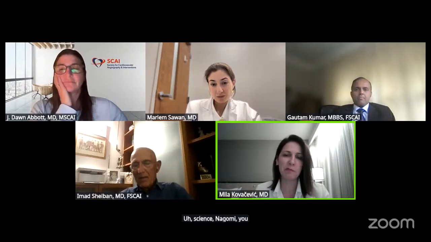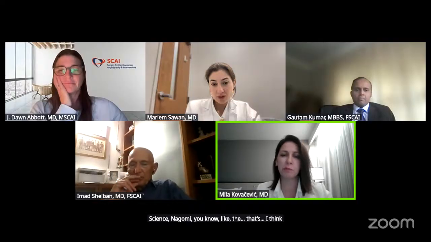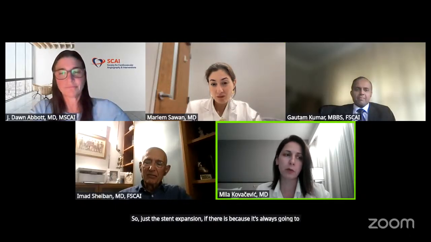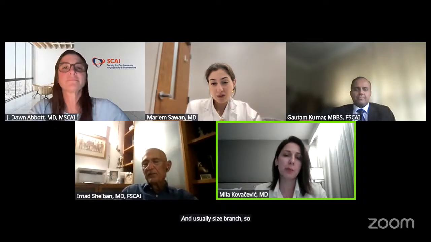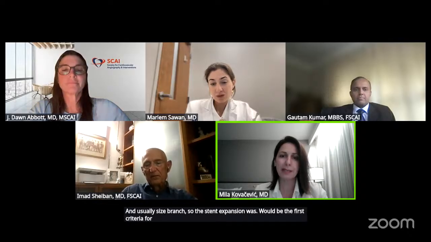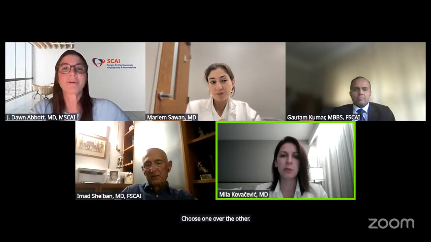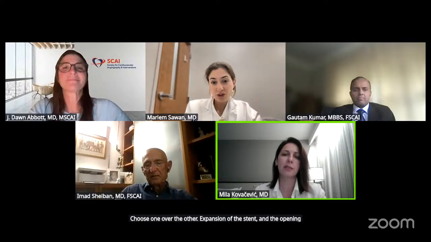So it could be Resolute Onyx or Xience, Synergy, Nagomi, but I think that the first one would be my preferable stent. Okay. So just the stent expansion, because there's always going to be a huge discrepancy between the proximal main branch or left main and usually the side branch. So the stent expansion would be the first criterion for stent platform if I choose one over the other. Okay. Expansion of the stent and the opening for side branch.